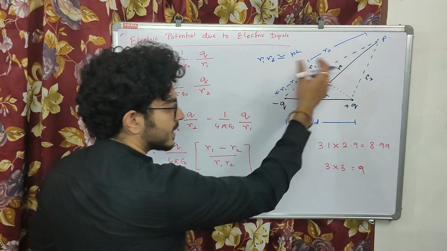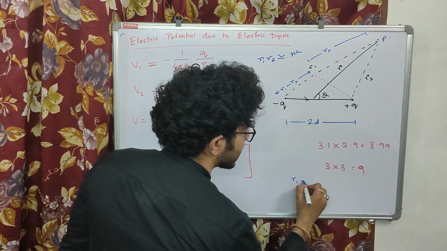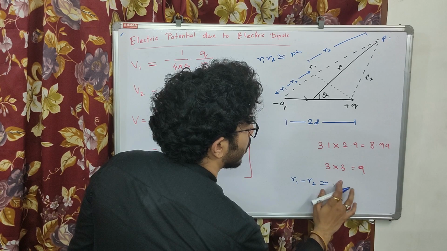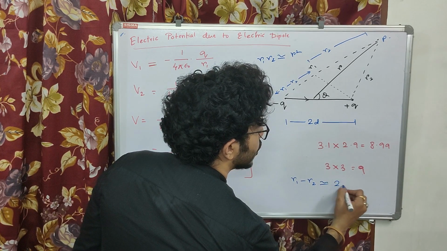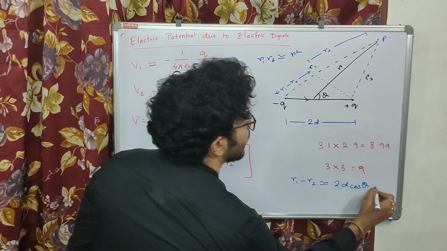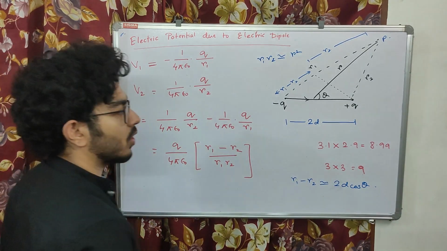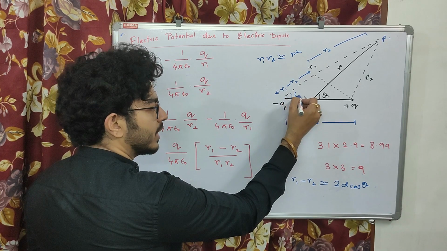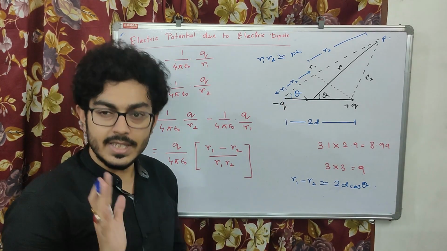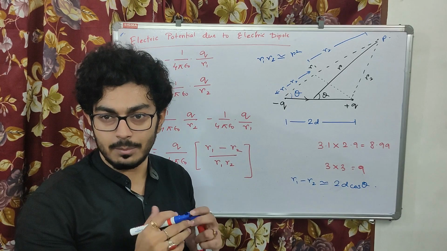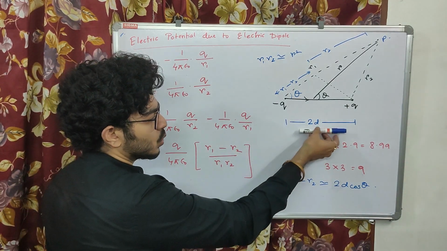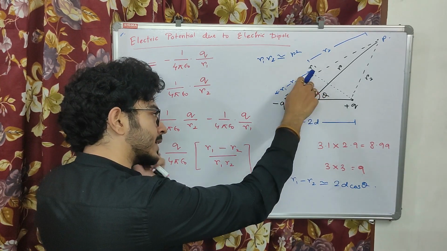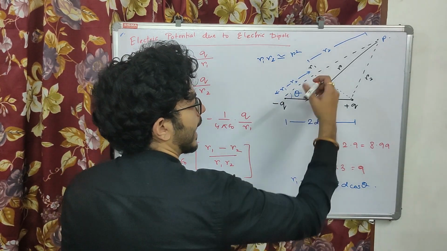So r1 minus r2 can be written as 2d cos theta. If this is theta, this will also be equal to theta, very near about.